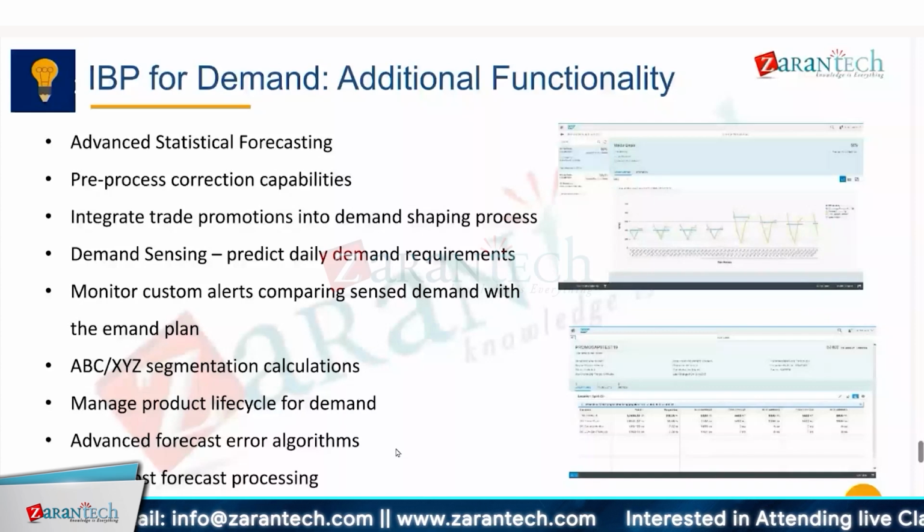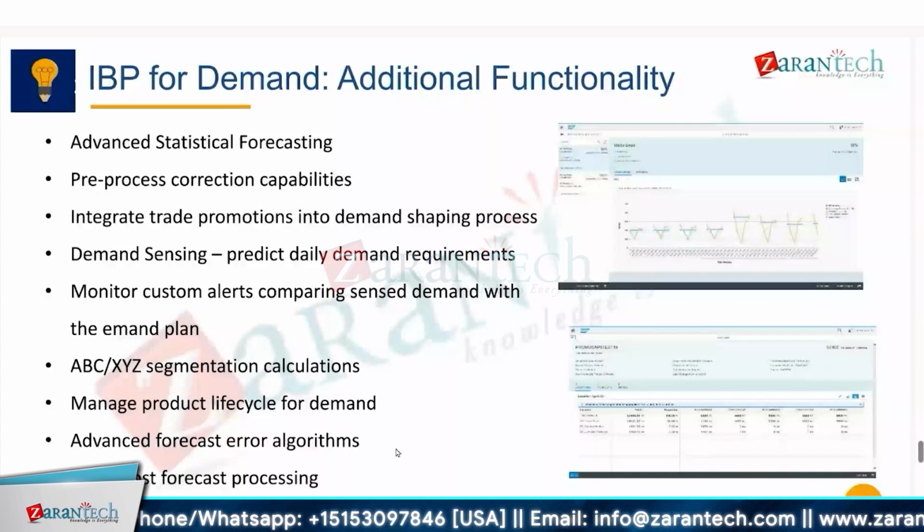So when you do the forecasting for such products, you will see big outliers in the historical data, and your job is to smoothen these outliers so that it does not end up in procuring or producing more materials for the future period. Demand sensing, we already discussed how to sense the demand, the predictability and the requirements of the demand.